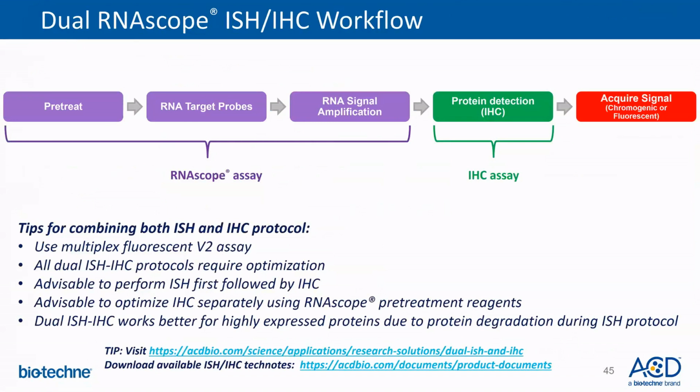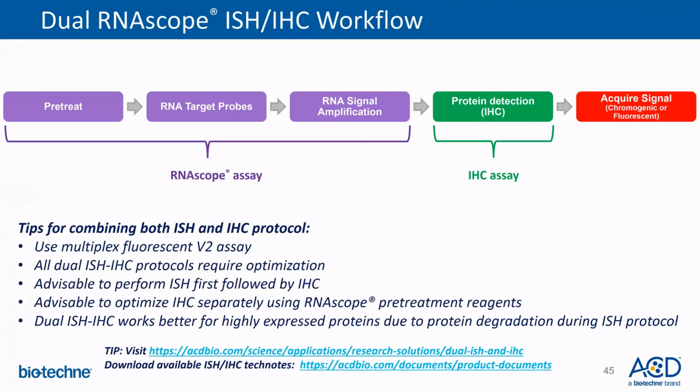We advise that you perform the ISH first followed by IHC, and that you optimize IHC separately using RNAscope pretreatment reagents. Please note the dual ISH IHC would work better for highly expressed proteins due to protein degradation during the RNAscope pretreatment.